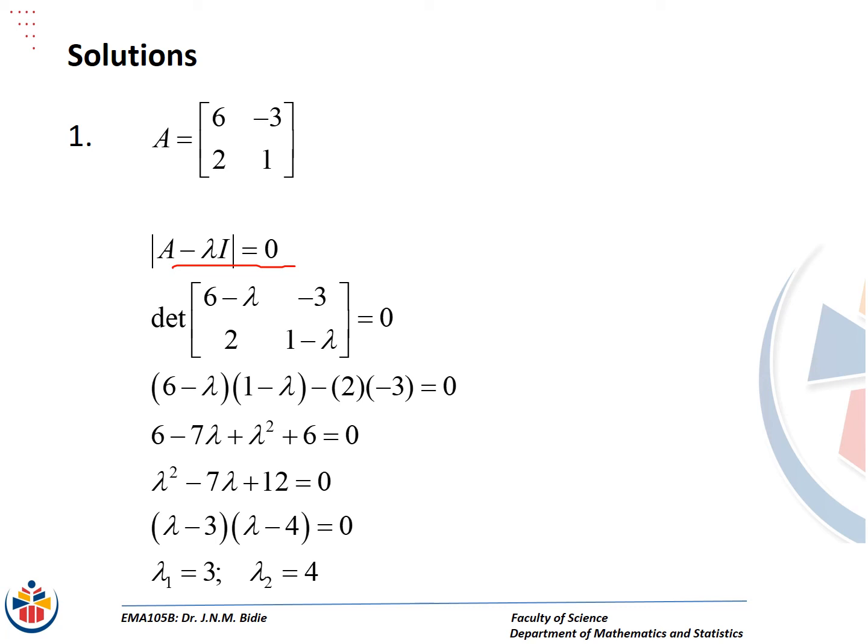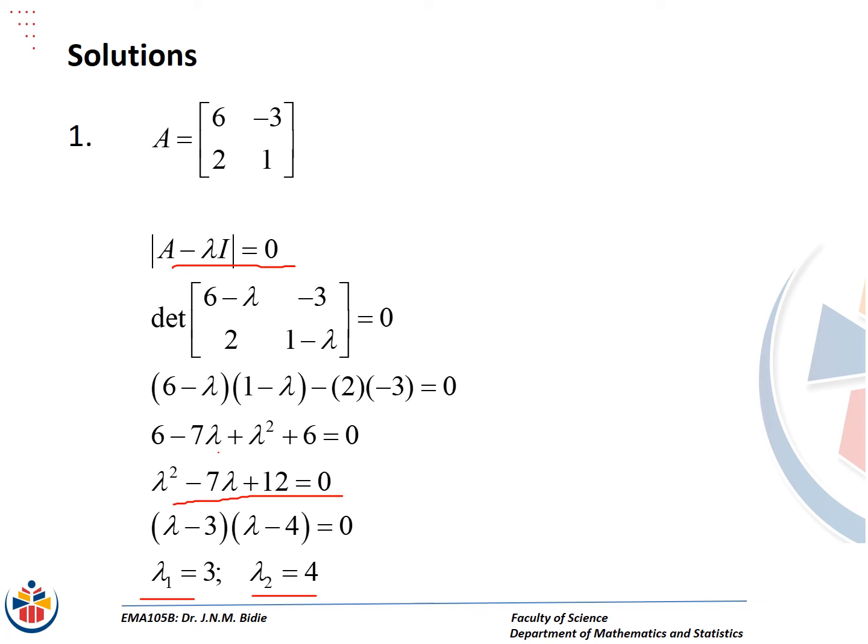Then we get the determinant of A minus lambda I from our matrix A, solve it, and we get the auxiliary or characteristic equation lambda squared minus 7 lambda plus 12 equal to 0. Factorize, and here are our eigenvalues: lambda 1 equal to 3 and lambda 2 equal to 4.